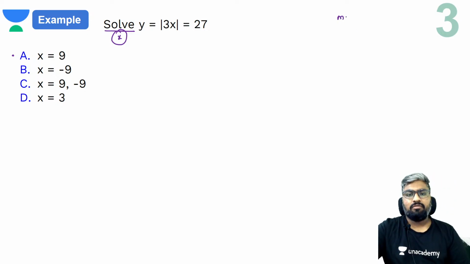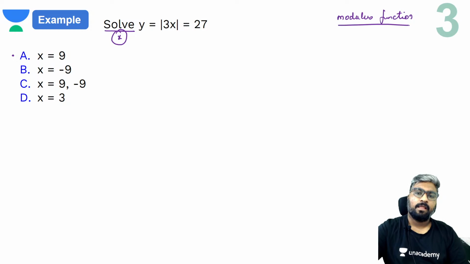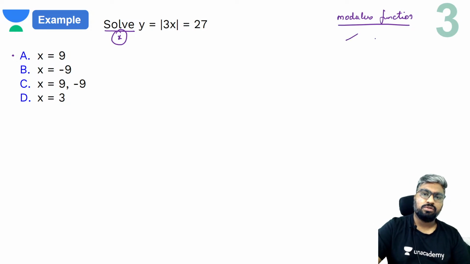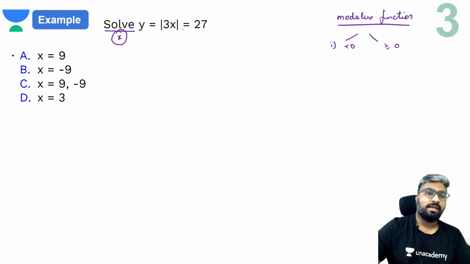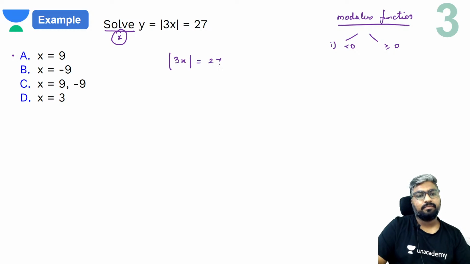Whenever you have a modulus function or absolute value function, you should always remember that your input can have two possible cases. One, it being less than 0, the other it being greater than or equal to 0. So what can happen here? Since modulus 3x is 27, we will have two possible scenarios.